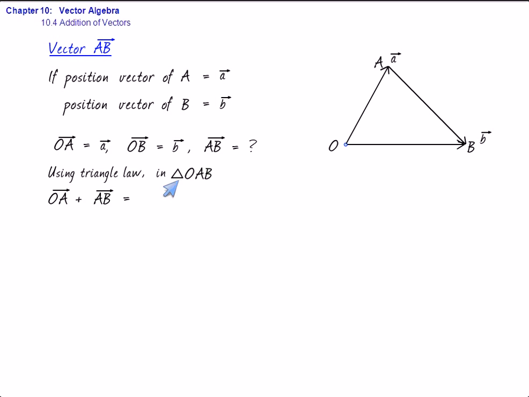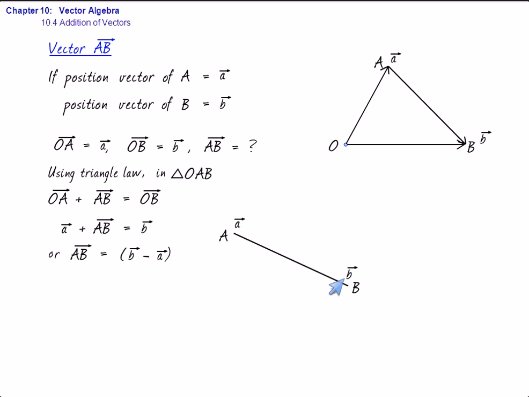That is, in short, vector A plus vector AB equal to vector B, or vector AB equal to vector B minus A. I repeat, if AB is a segment with points A and B, and the position vectors of the points A and B are vector A and vector B, then vector AB is B minus A. That is, it is always terminal minus initial.